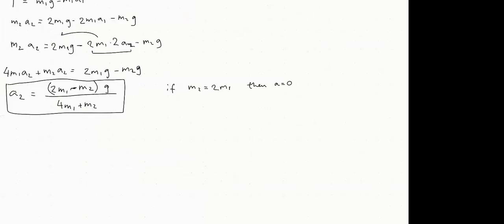So if m1 is greater than 1/2 m2, then acceleration would be positive. And if m1 is less than half of m2, then acceleration would be negative, which makes perfect sense.